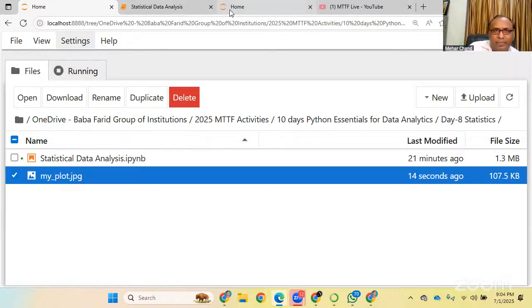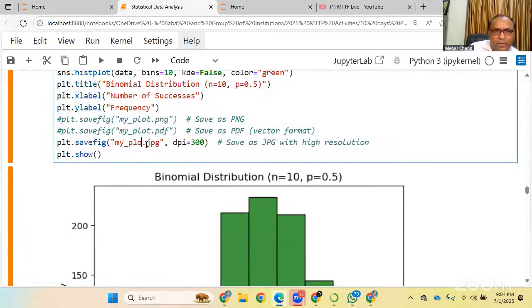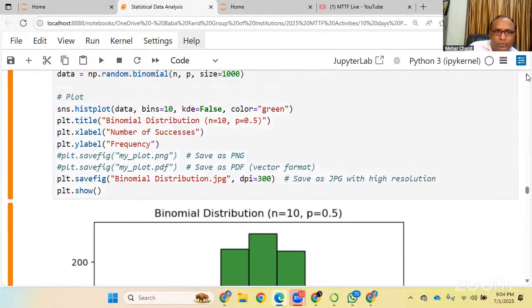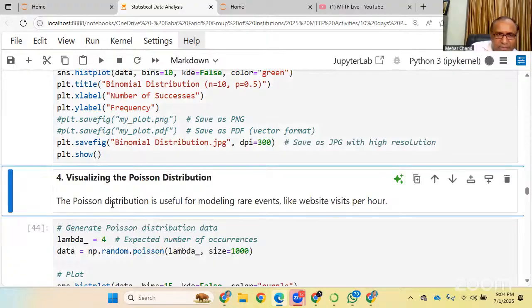Once again, suppose this is the binomial distribution, then execute the entire shell. This will do both tasks: it will show the image and write the image. Shift and enter, very simple.